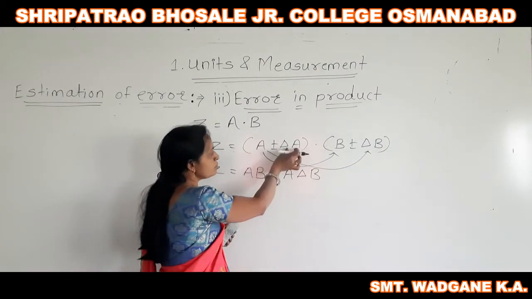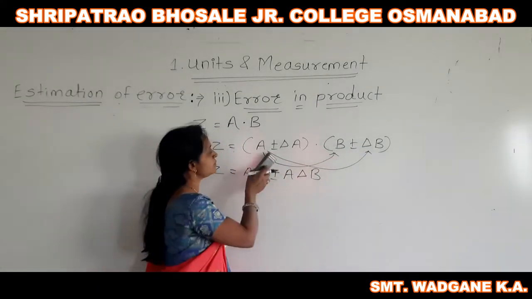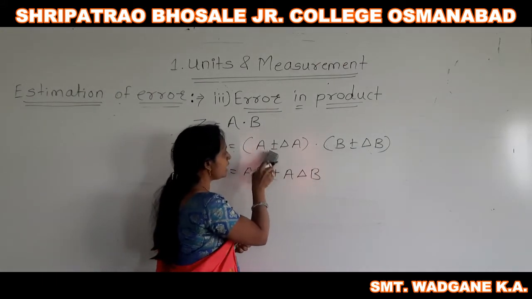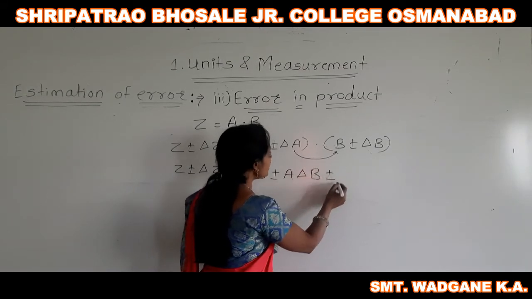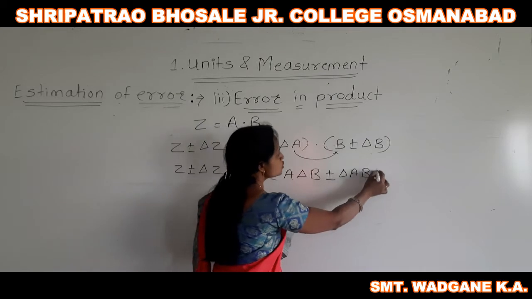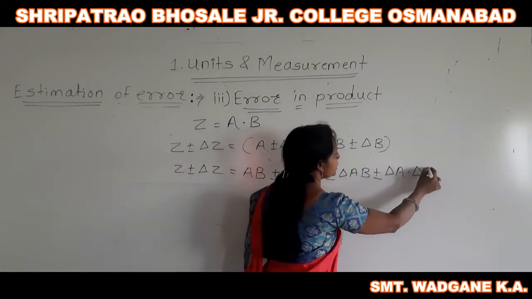Then after that we can multiply delta A to this term. Now what to do, multiply delta A: plus or minus delta A B, delta A B, plus or minus delta A delta B.